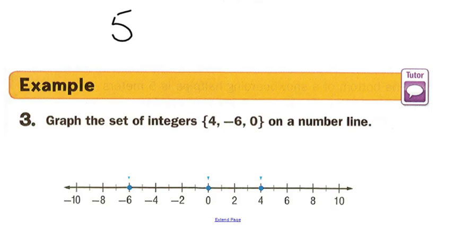All we have to do is find the integer. So the first one is 4. Well, there's 4 right there. Look, I just graphed 4 on a number line. It's that simple. 0 right there, and -6 right there. There's no trick to graphing integers. When they ask you to graph something, you just draw a number line and you put the number right on the line.